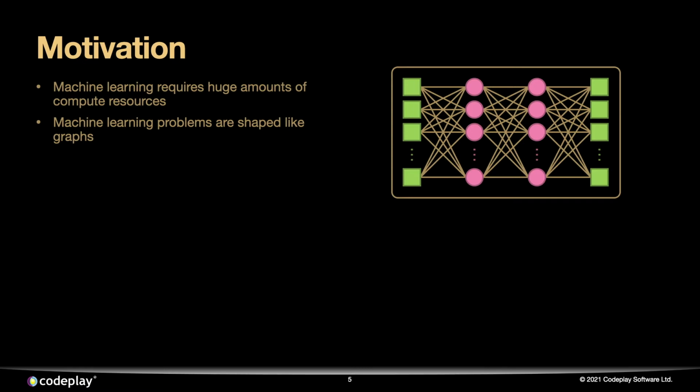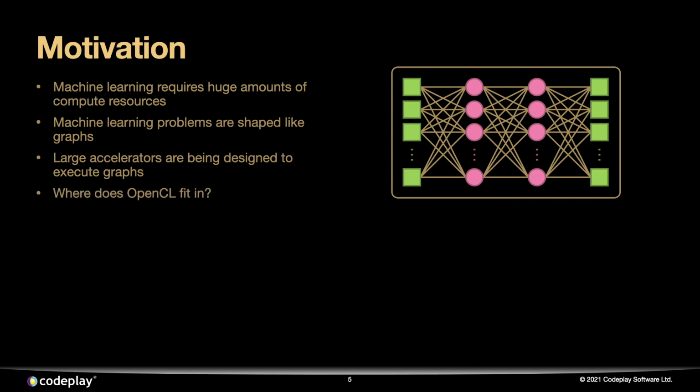Because machine learning tasks look like complicated graph executions under the hood, there are a number of hardware vendors out there designing these very large hardware accelerators to accelerate the types of graphs that machine learning problems want to execute. And so the question becomes, since OpenCL predates the machine learning revolution and some of these accelerator devices and the types of neural networks we're trying to execute at the moment, where does OpenCL fit in with this picture?